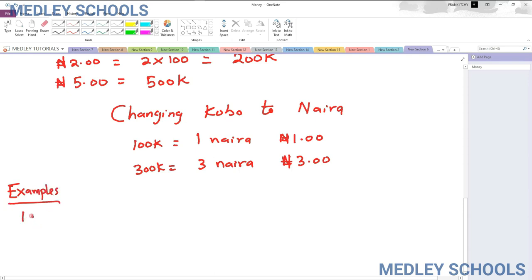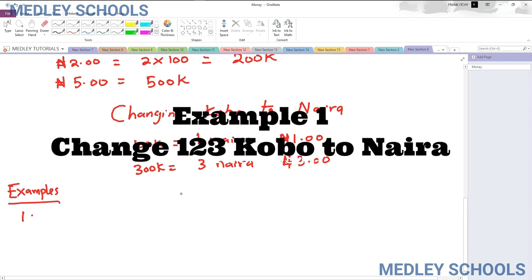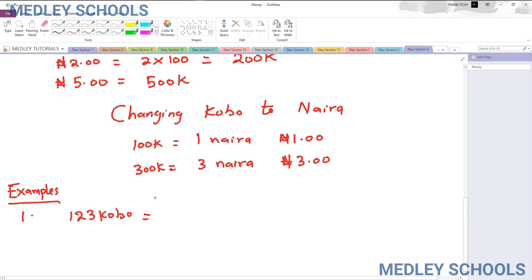Number 1 asks us to change 123 kobo to naira. Looking at this, you will discover that it's not a round figure. It's not like 100 kobo or 200 kobo that you can just change to naira by saying it is 1 naira or 2 naira.